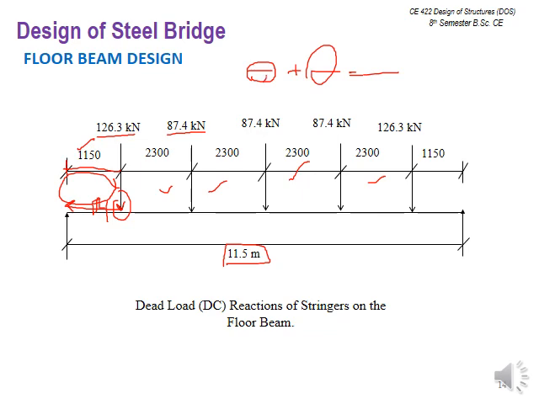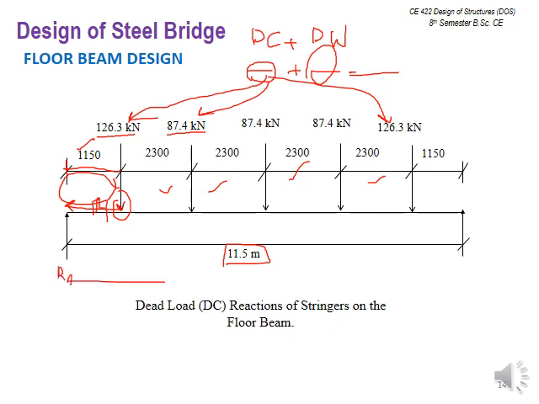Out of this, the DC part needs to be calculated for exterior stringers like here, and for the interior stringer. So this is all the DC part of the equation, and this is the DW part. We will consider it later on. So here only the DC part. Apply it on the total span. So here are the reactions. You can say it is RA, at the two extremes of the floor beam.